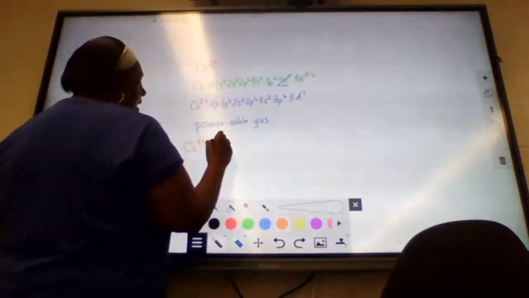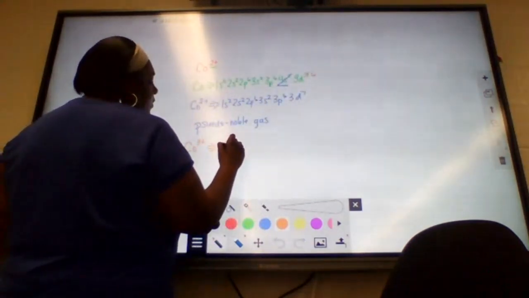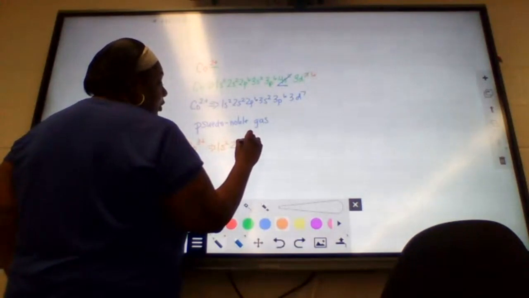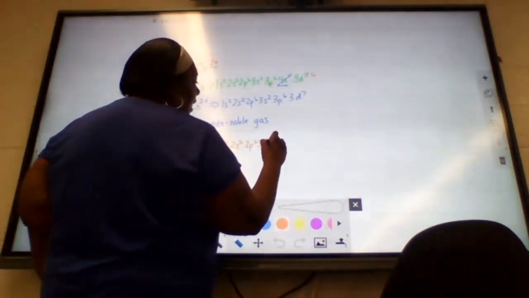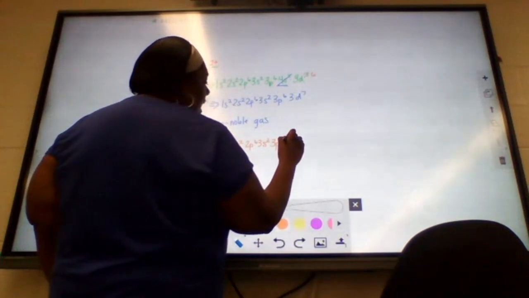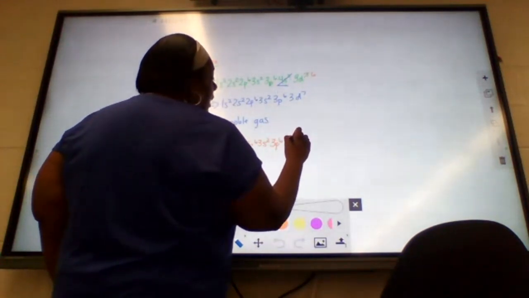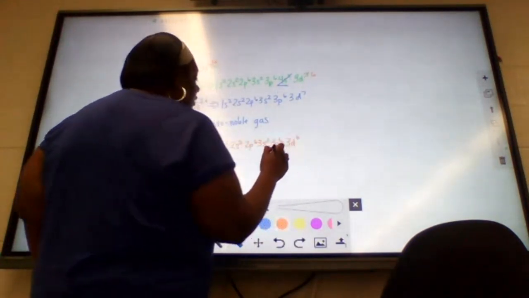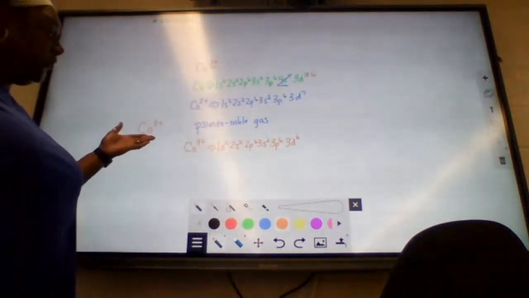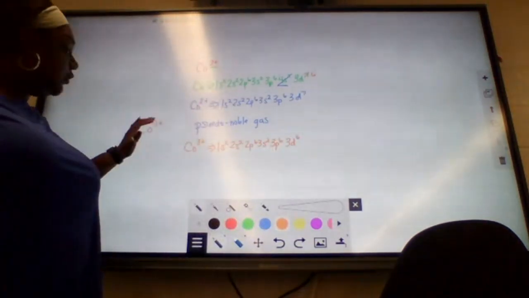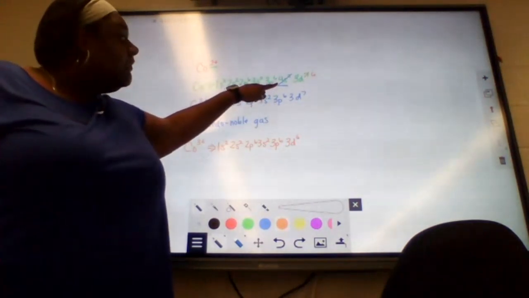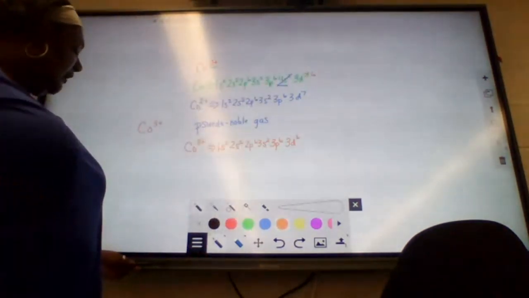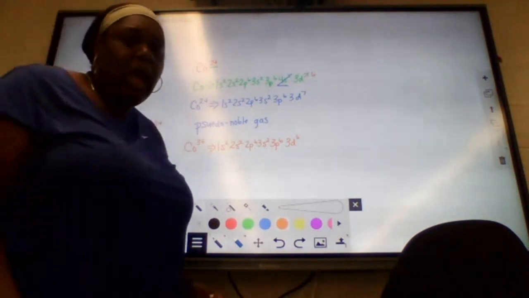So I would take one from there, which would leave me with still a pseudo noble gas configuration, because I do have electrons in that D block beyond my noble gas configuration. But again, you would see that those 3 electrons that I'm losing first come from the valence, but then come from my next highest energy level.